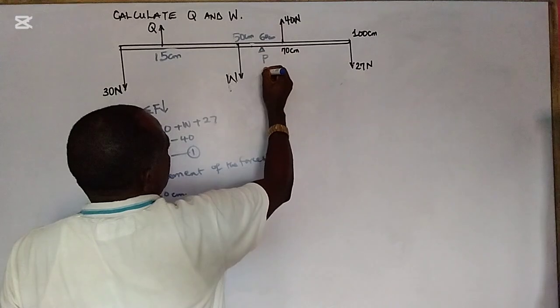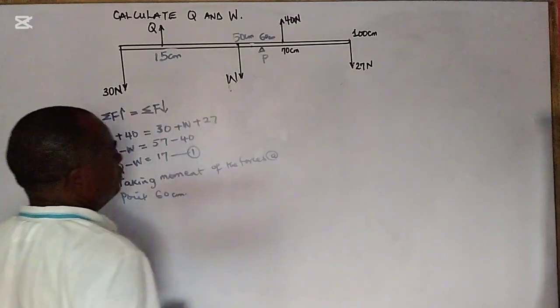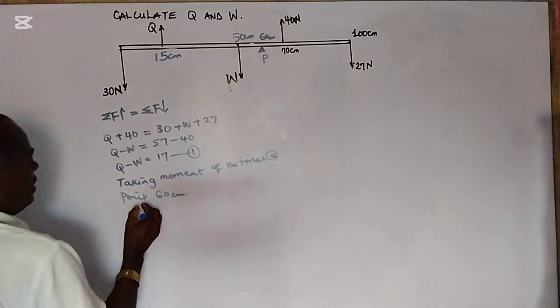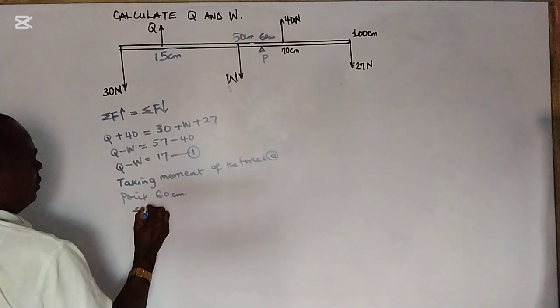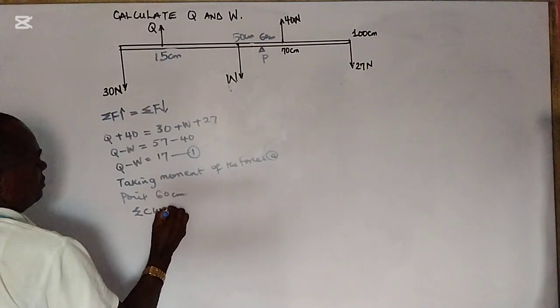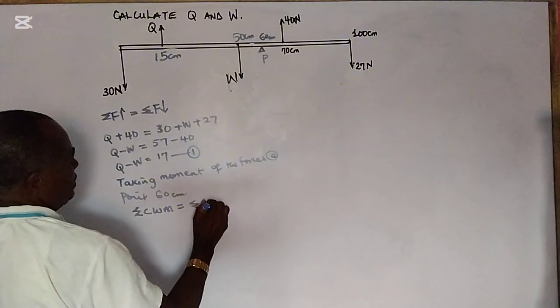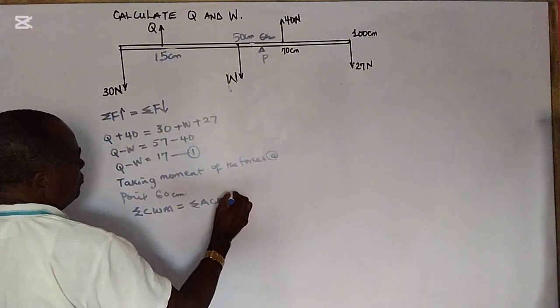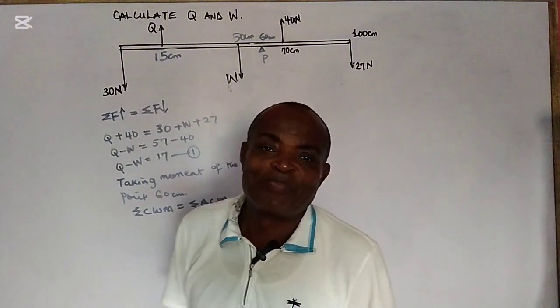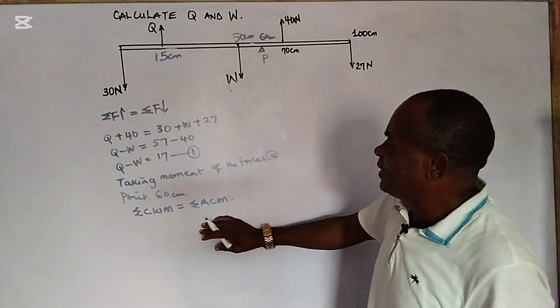At this point we want to take the moment of the different forces. When we do that, the sum of clockwise moment will have to be the same thing as the sum of anti-clockwise moment.